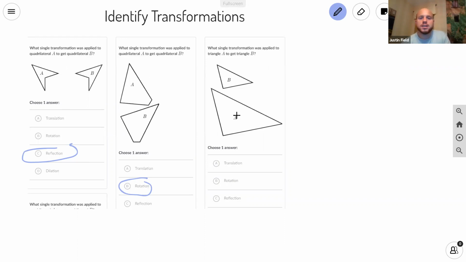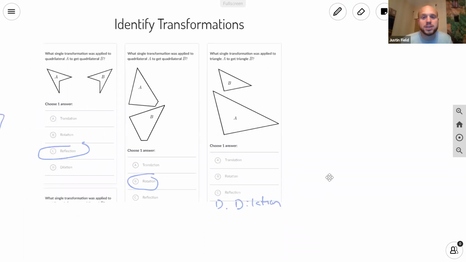And then this is a dilation. See, A is huge and then B is small. And so the size changes. Wait a minute. I think that maybe I cut off D because this is most definitely a dilation. All right. So those are the different transformations.